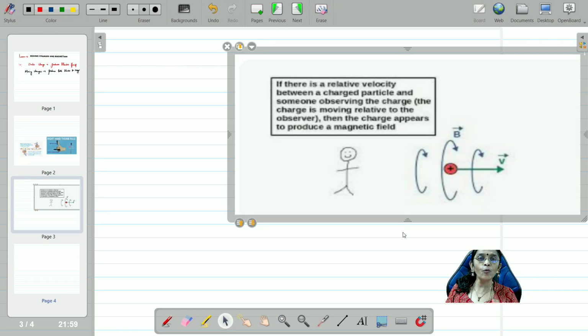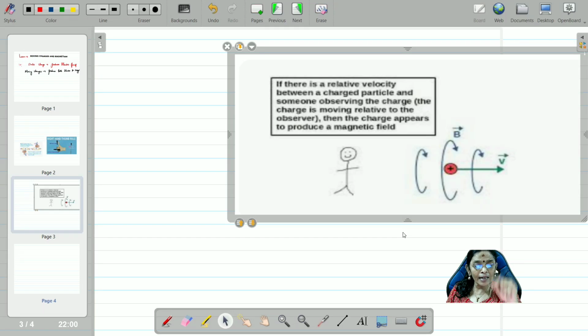That kind of motion, you call it the production of magnetic field. That's due to the relative motion. If there is a relative velocity, yes, there is. You are moving. The water balloon is at rest, the water molecules are not actually moving from one place to another. But since you are moving, the water in the balloon is also moving relatively.